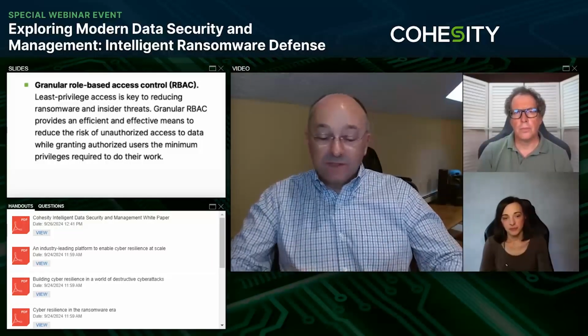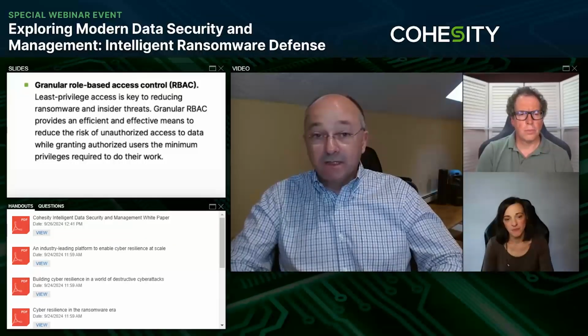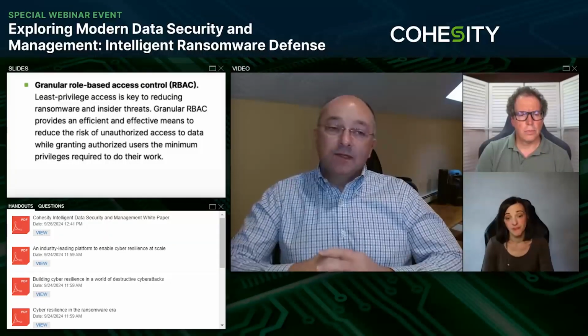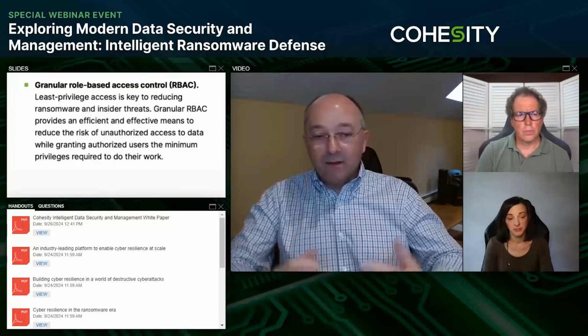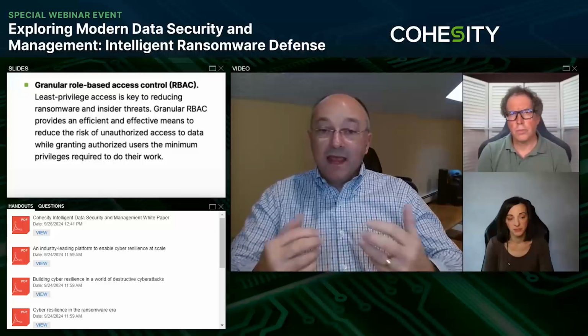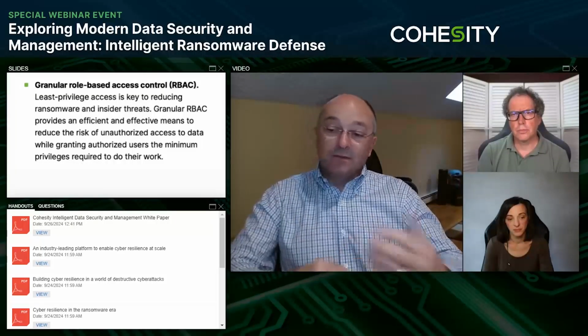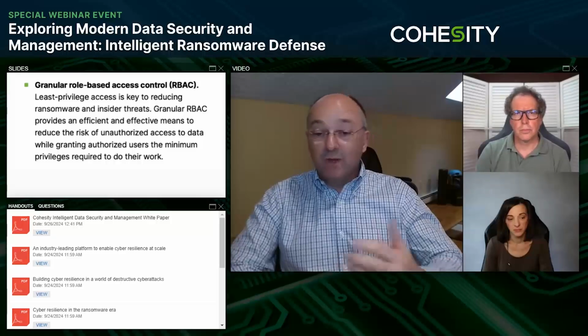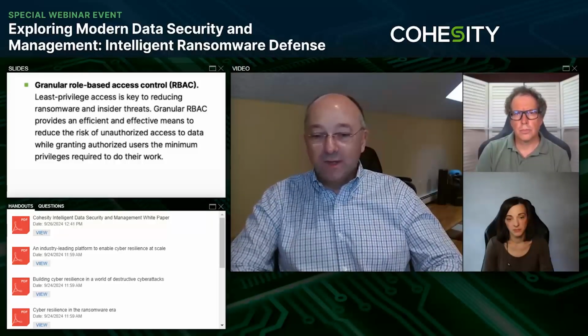Because we've still got that issue where we just don't have enough bodies in security, and by being able to use something like AI to say, okay, I'm seeing this incident, what should I do next, it allows the backup team to respond faster and with more intelligence behind it.